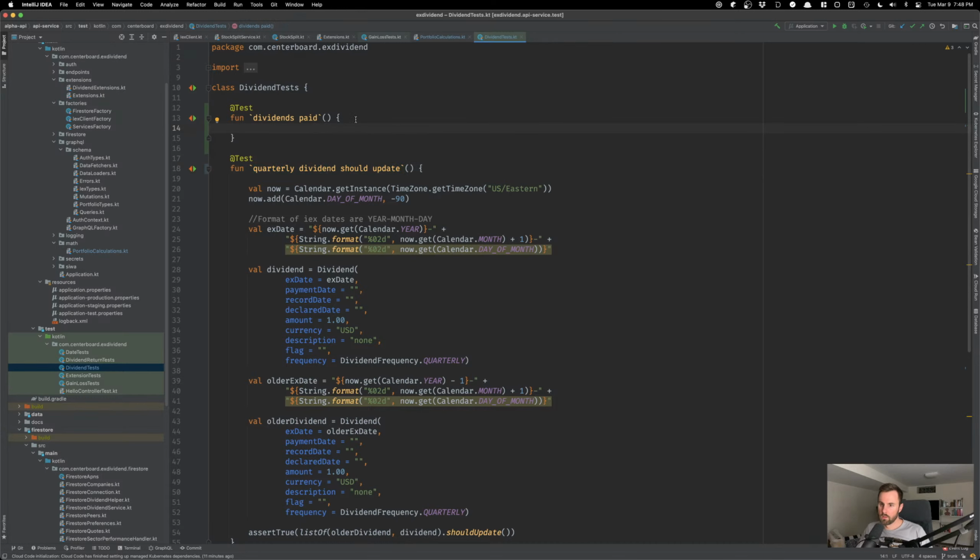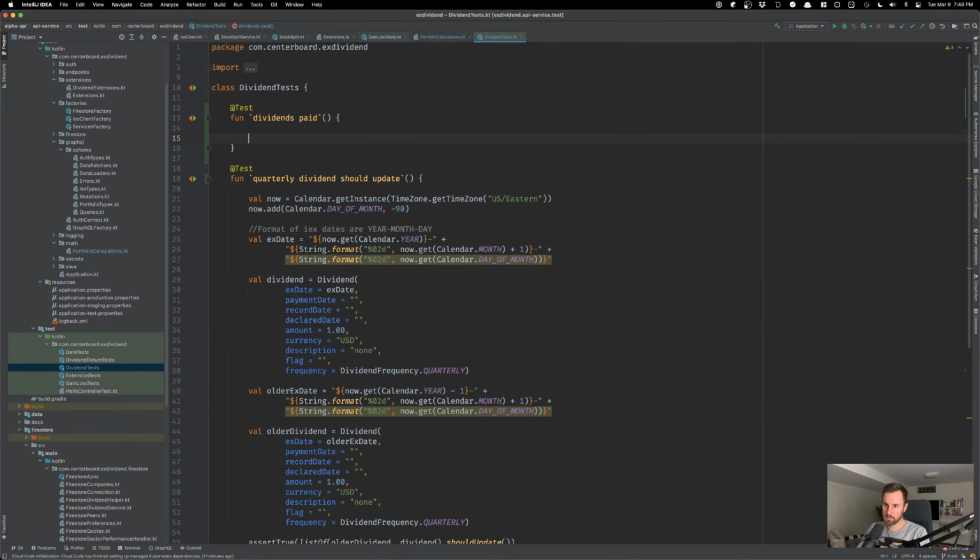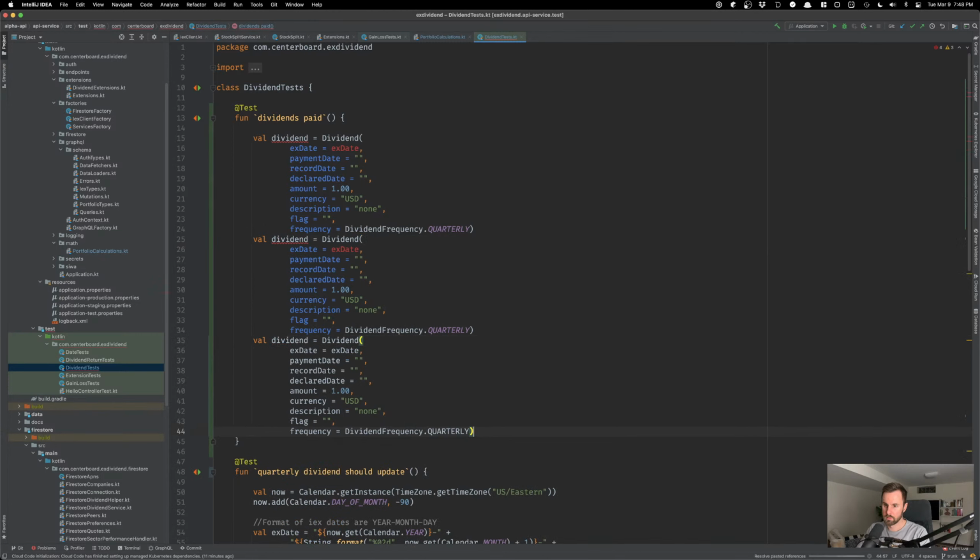All right, let's create a couple of dividends. The first dividend, let's say it's going to be 2020 0301.